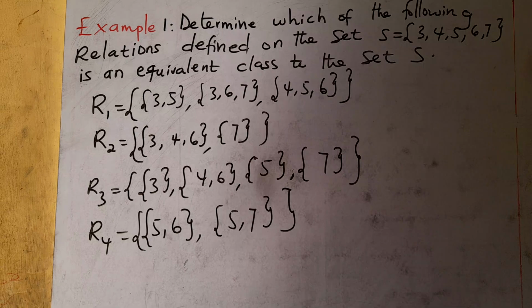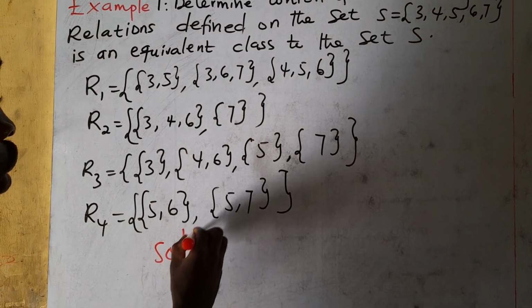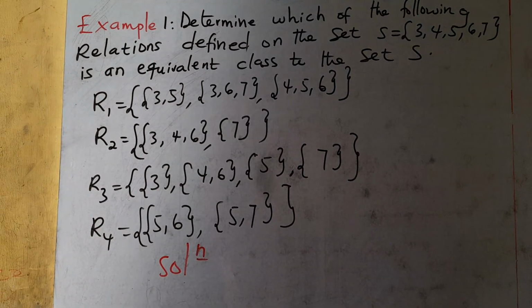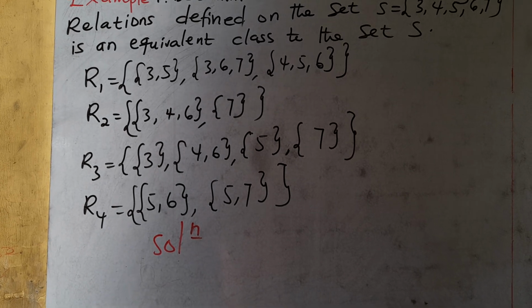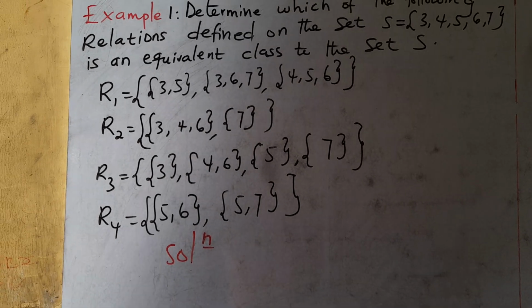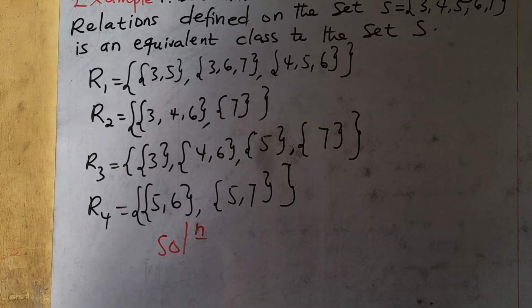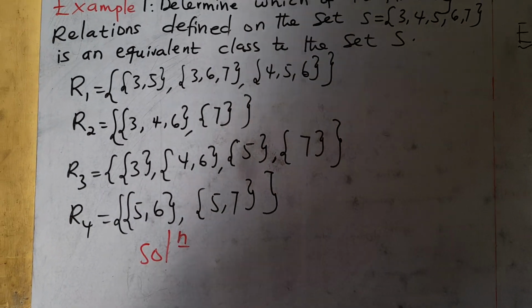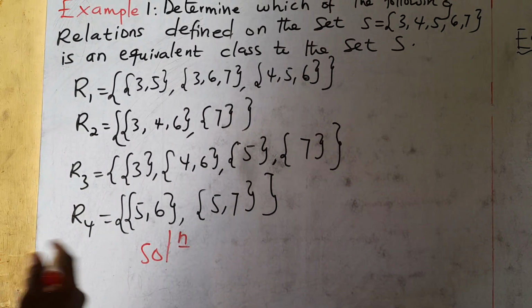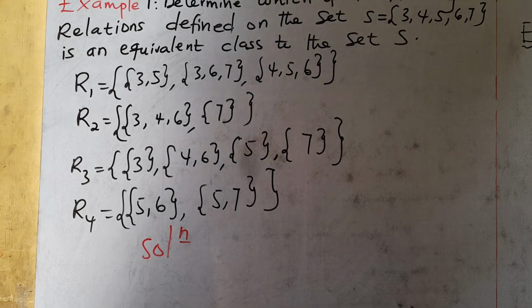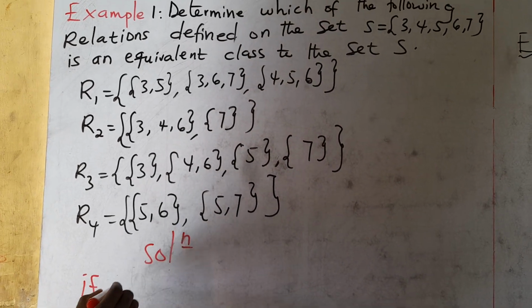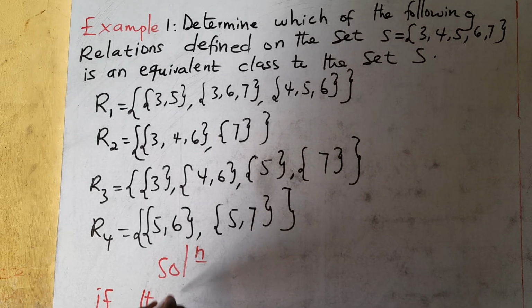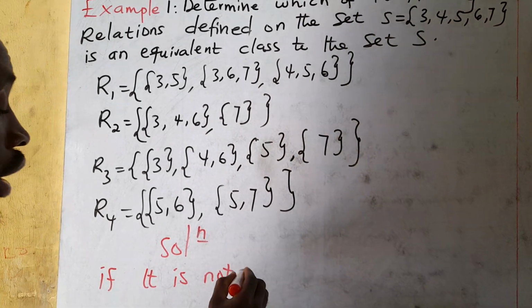So how do we do this? Solution: you determine whether it satisfies all three conditions of being an equivalence class. If it satisfies them, then we say it's an equivalence class. If it doesn't, then it is not. So we say a relation defined on a set is said to be an equivalence class if it is not an empty set.